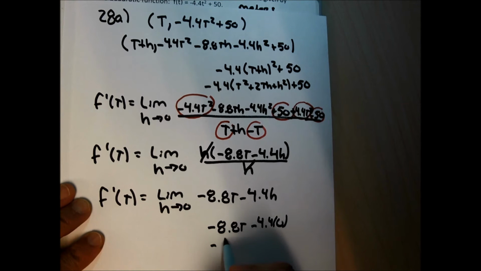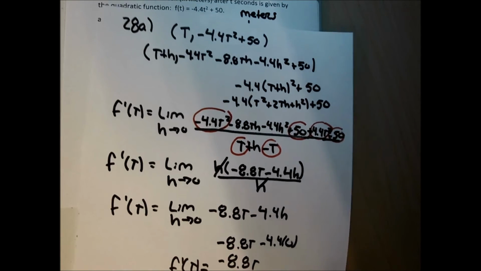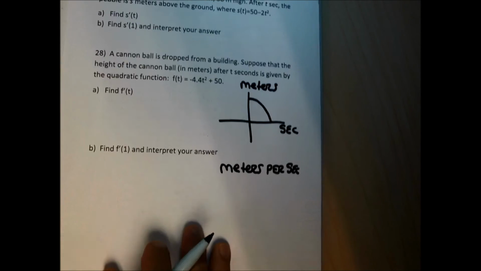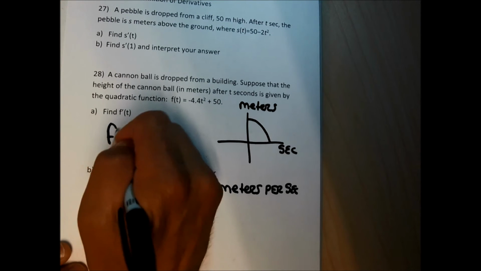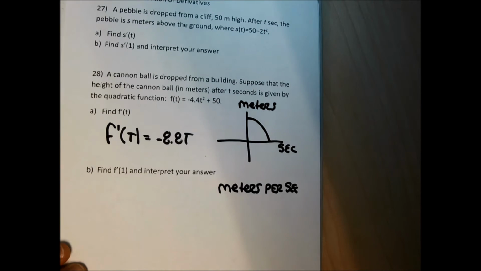And that's just going to be negative 8.8t. So that's what f prime of t is going to equal. That's my answer to 28A, and that's the grungy part. I'm kind of done with the grungy part. I'll move on to the easy part. So the answer for 28A, f prime of t equals negative 8.8t.